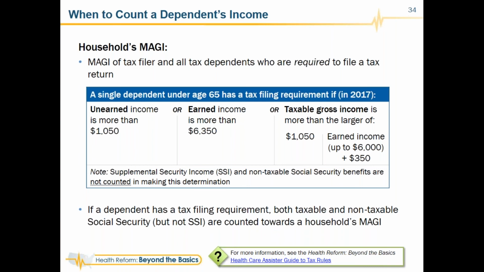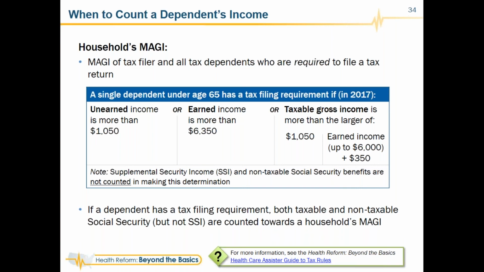It can be difficult to figure out when to count a dependent's income. The general rule is that the household MAGI, so the household income, is the MAGI of the tax filer and all tax dependents who are required to file a tax return, which means that you need to figure out: is any tax dependent required to file a tax return? That gets a little complicated.